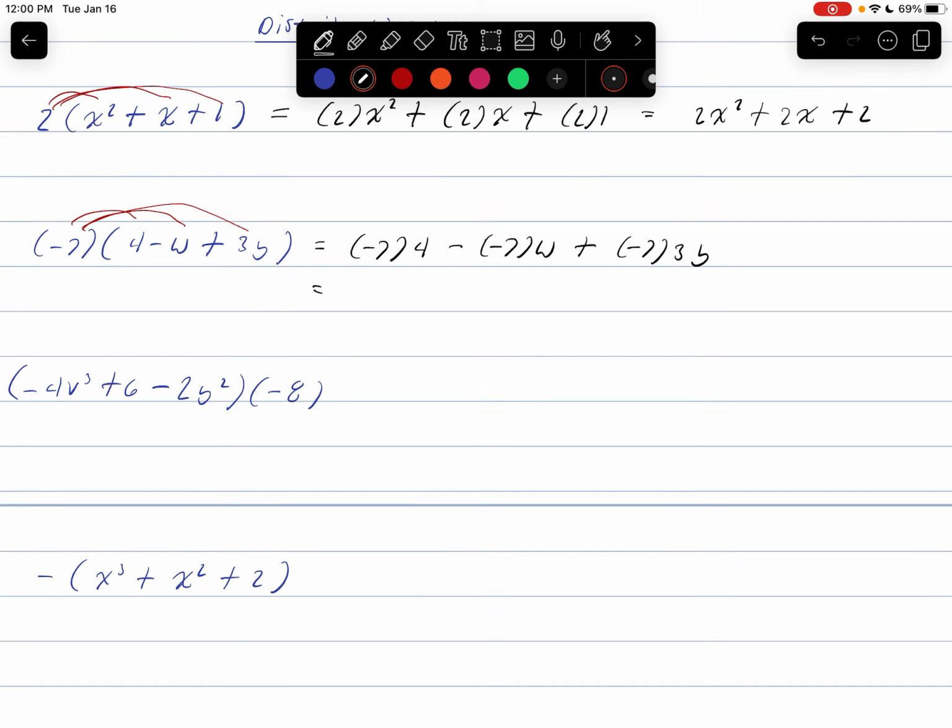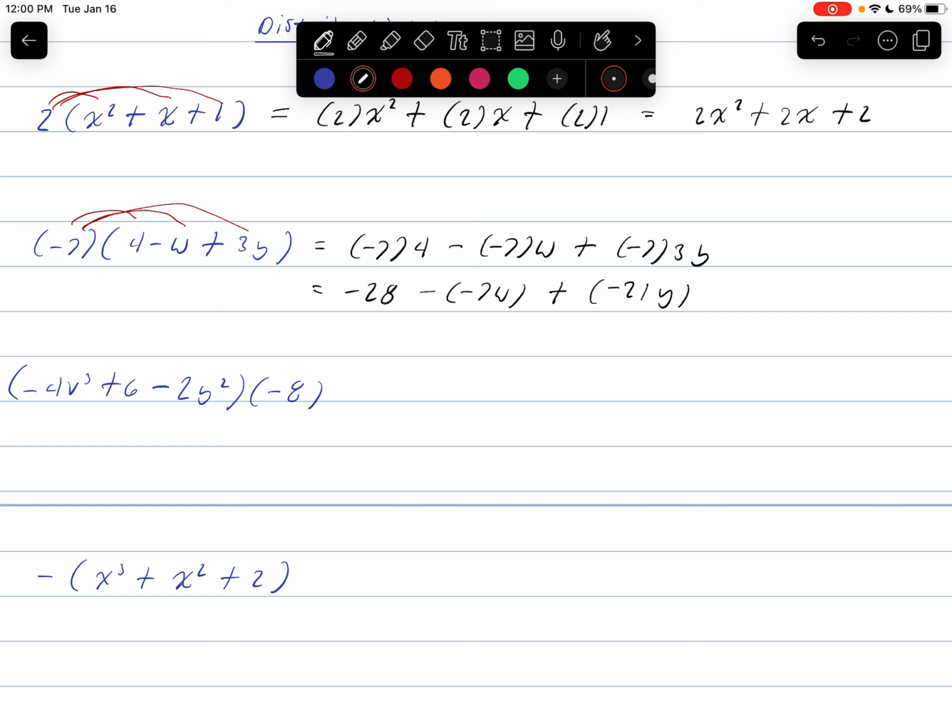Okay, so -7 times 4, that's -28. Then we have -7 times w, so this will be minus a -7w. And then we're going to have plus -21y, because -7 times 3 is -21, so we're going to have plus -21y.